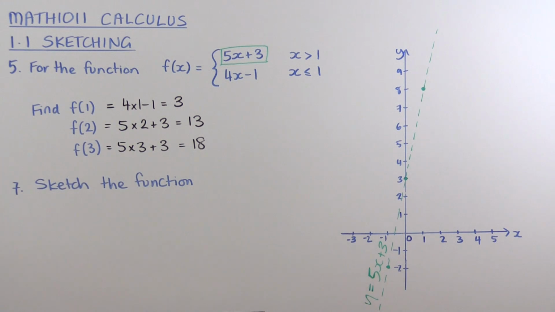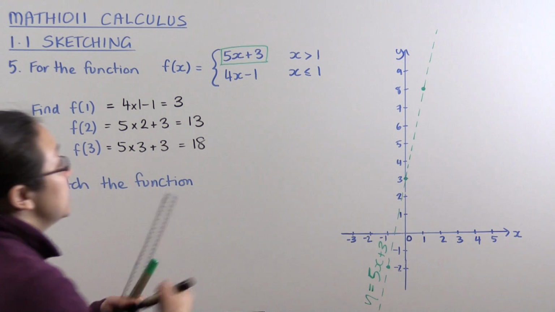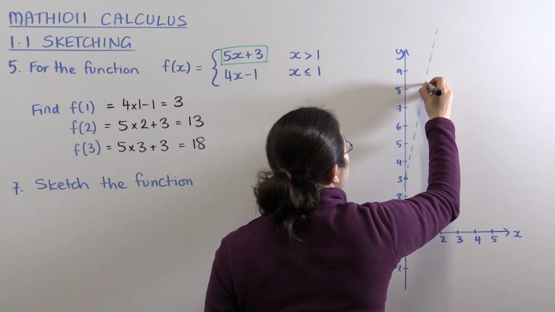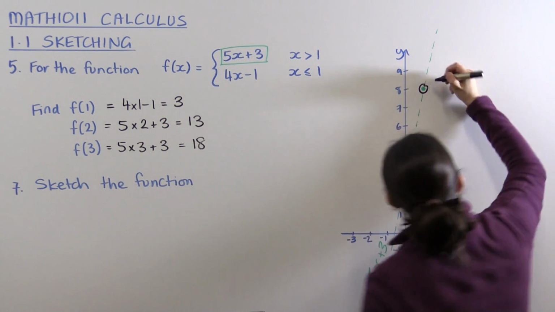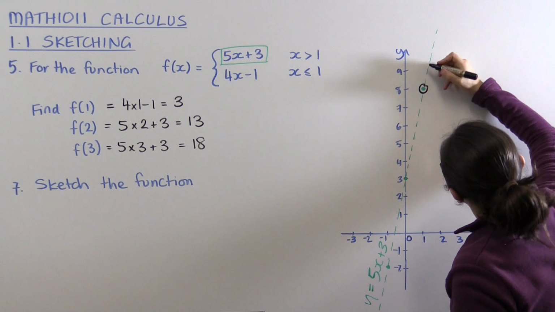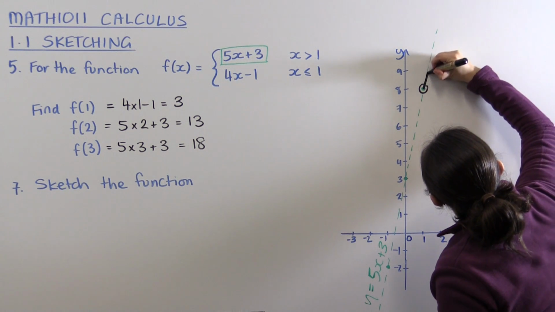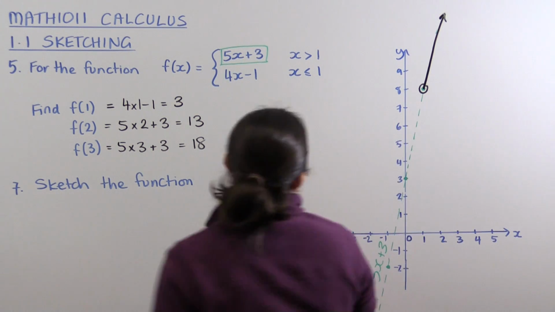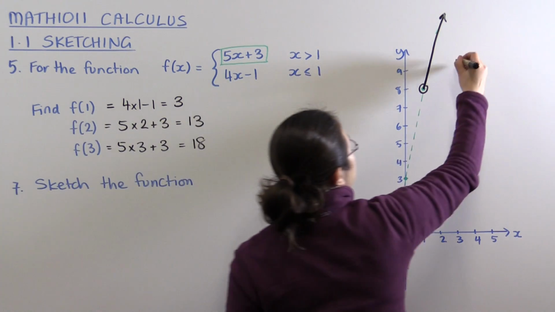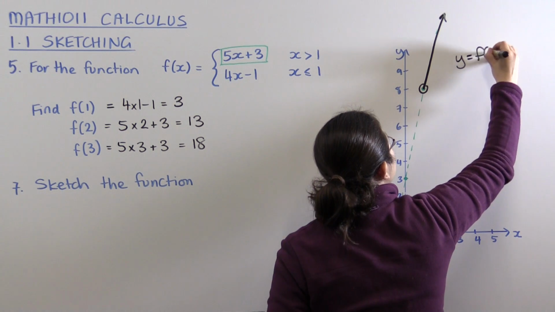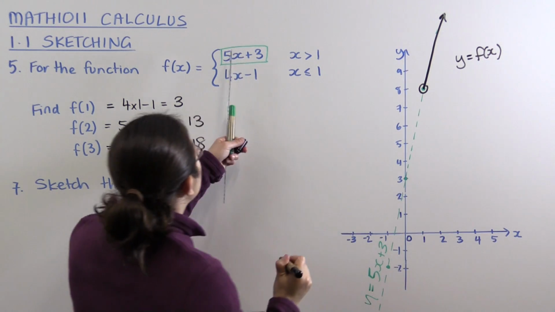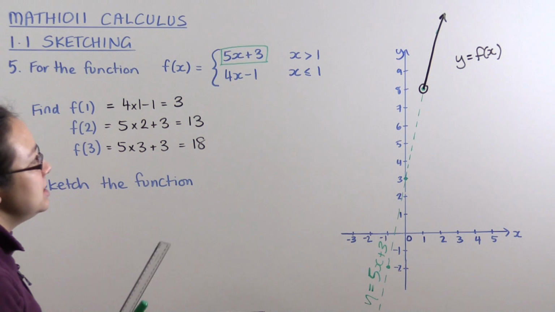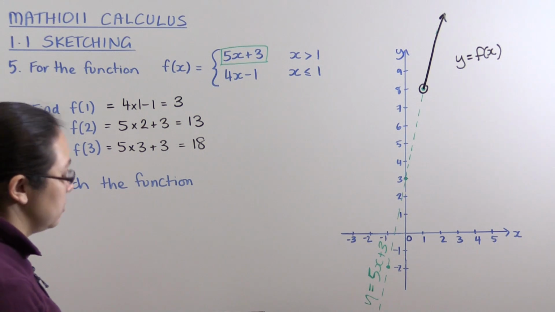So in fact, we don't want it when it's equal to 1, so there's going to be an open circle here. But we want it for all these values when x is greater than 1. So in black, I'm just going to draw this split function, y equals f of x. So we just take y equals 5x plus 3, but only for the values when x is greater than 1.